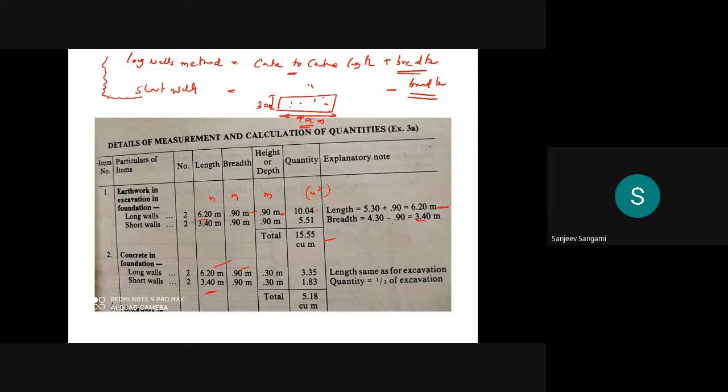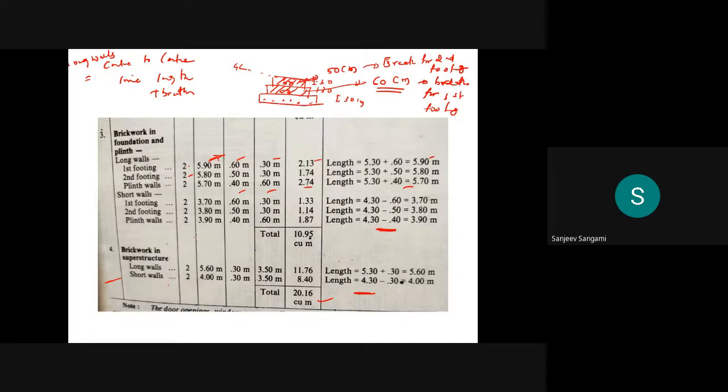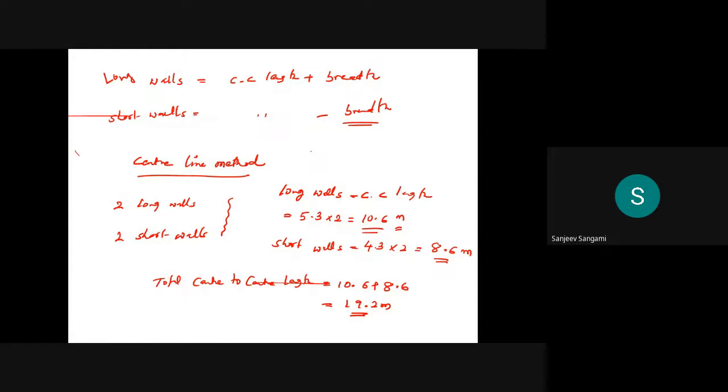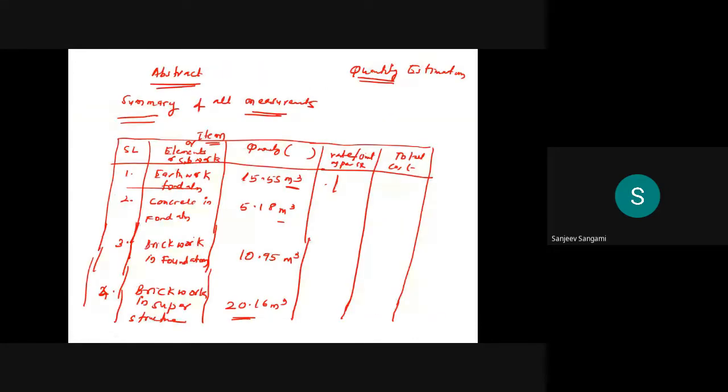Then concrete in foundation 5.18, then 10.95, 20.16. You are not supposed to get any changes, but sometimes if you are using doors and windows, if they are mentioned in the plan, and if they have given the dimensions of the doors and windows, then it is better to deduct at the end of the estimation.